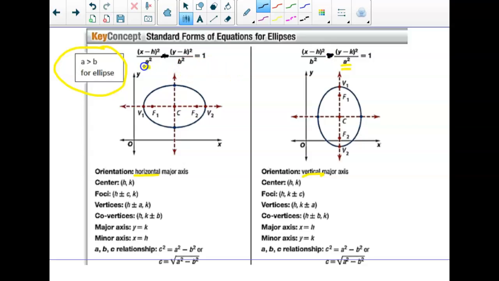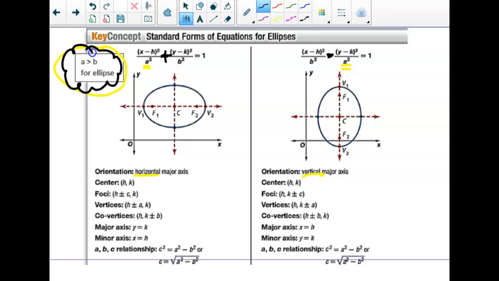And then it mattered, the a squared was always the one in the first quantity. But when we change this to a plus, you can reverse the order, any order you want. They usually just put the x's first. But this time, the a is always the bigger number. So there's a different definition for a than with a hyperbola.